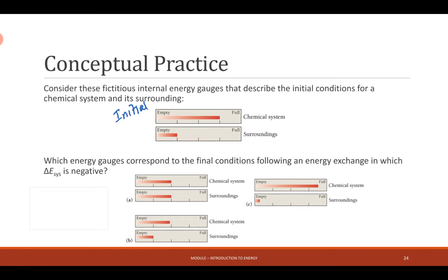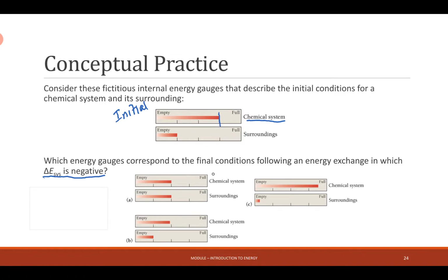Hopefully you got some thoughts about that conceptual problem here. Let's think about this. It says delta E system is negative. So your system needs to be negative. That means it's going to be going lower. So which of these is going lower than where it started? It started right here on the top notch.